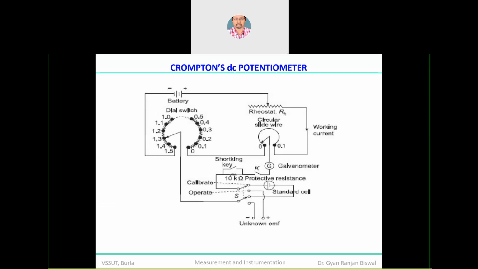So one value is known and another is unknown. The total source voltage with respect to the battery is already known, and due to this particular sliding mode, the total distance with respect to the resistance is also known to you. So that is how you will be able to calculate the unknown value of voltage.